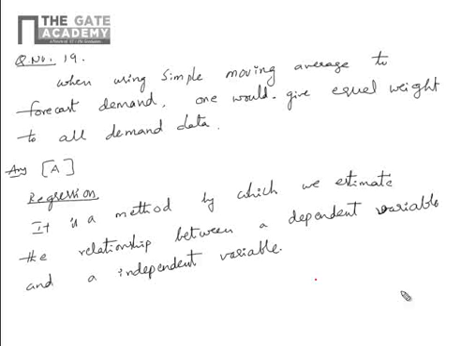We know about correlation. Correlation is the linear relationship between two variables. It explains whether it is positively correlated or negatively correlated. Linear regression is also one of the correlation methods, but it is used for forecasting.